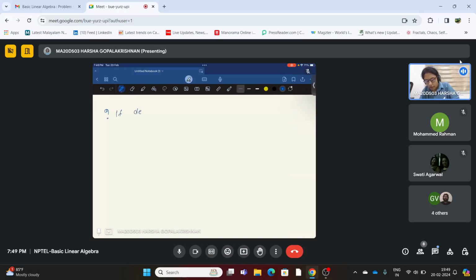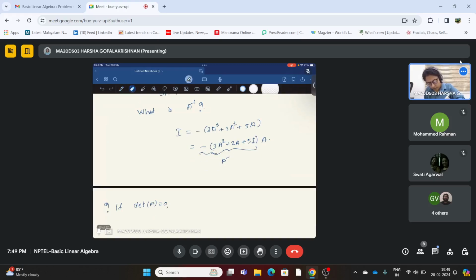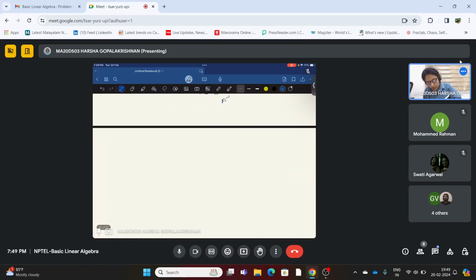Now we will do the next question, again true or false. If A is an n by n matrix and determinant of A equal to 0, then determinant of adjoint of A equal to 0.